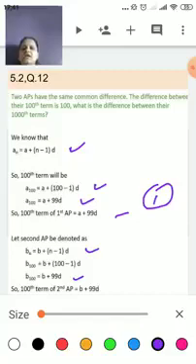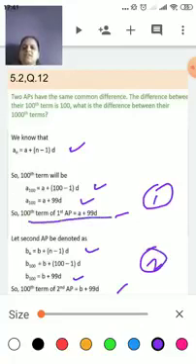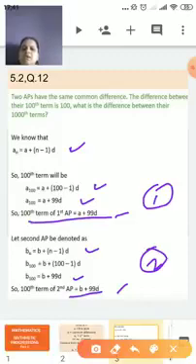So the 100th term of the second AP is b plus 99d, and the 100th term of the first AP is a plus 99d.